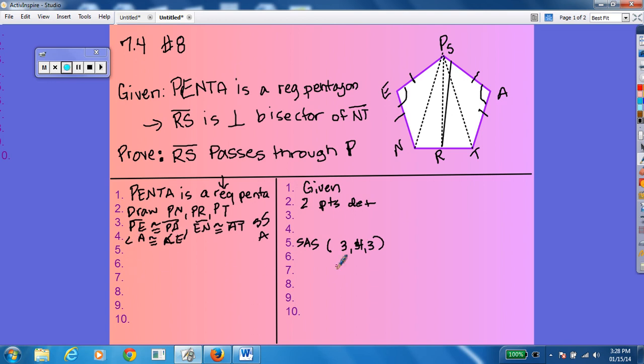Okay? And then you need to prove the CPCTC and get these sides of this triangle right here, PNT, as a congruent isosceles triangle.